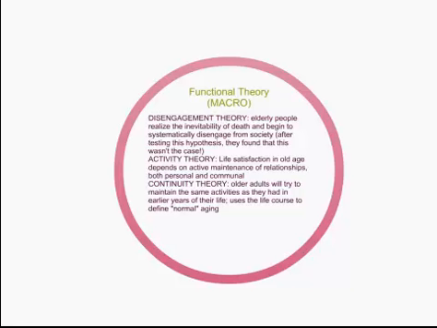Disengagement theory is from the early 1960s, and this theory said that elderly people realize the inevitability of death and they begin to systematically disengage from society. Further, this theory would assert that this disengagement is a positive function for society, hence functional theory.